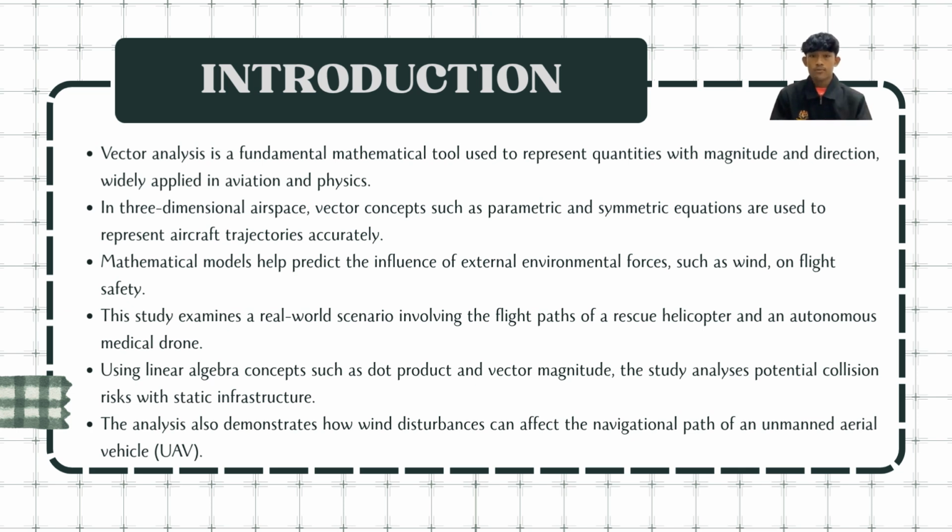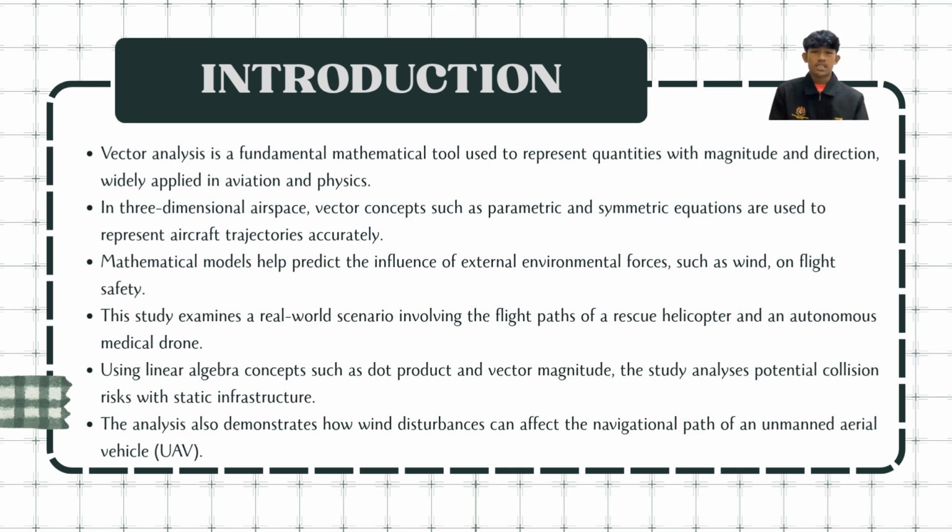In this study, we analyze a scenario involving a rescue helicopter and also autonomous medical drones. Both vehicles are traveling to the same location, but they must avoid obstacles and deal with environmental disturbance.